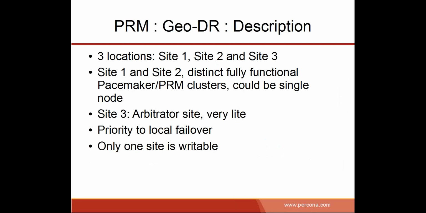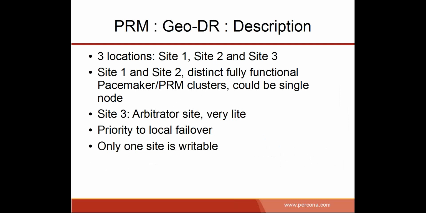So now we will add a layer of geographical disaster recovery to it. That means I'll be considering 3 sites, 3 locations. Site 1 and Site 2 are fully functional Pacemaker PRM clusters. By fully functional cluster, I mean it could even be a single node, as crazy as that.